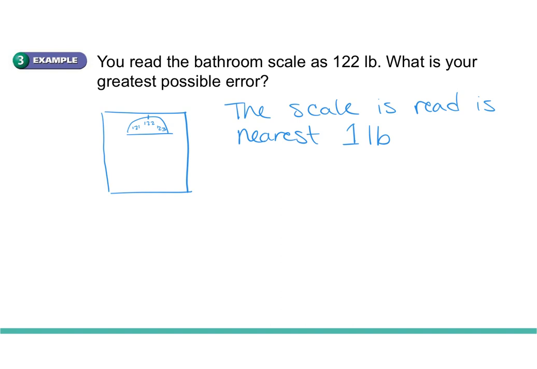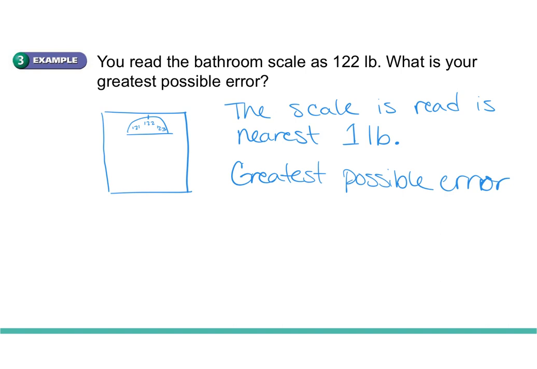In this case, in this example, the scale is being read to the nearest pound. So it's either 122, 123, 121, somewhere in there. So then our greatest possible error would just be half of that.